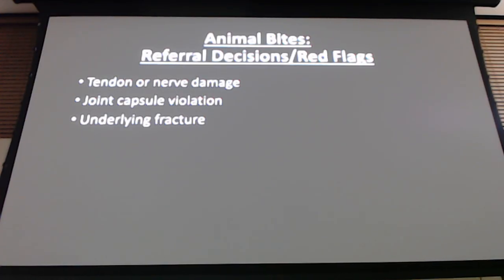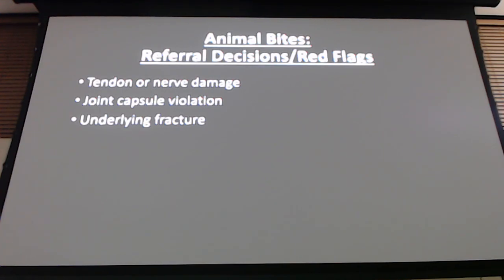Okay, so the red flags for this are obviously going to be extensive tendon injuries, okay, nerve injuries. So you're doing isolated finger testing and one finger doesn't fire. You're going to refer that? Yes. 100%. Joint capsule violation. I cannot stress this enough. You need to make sure that there's little, I would say no concern for joint capsule violation.